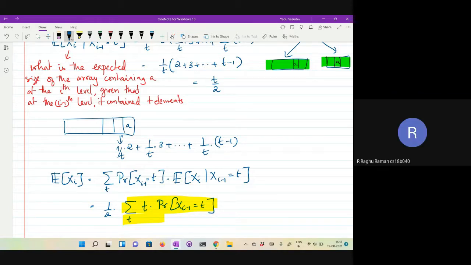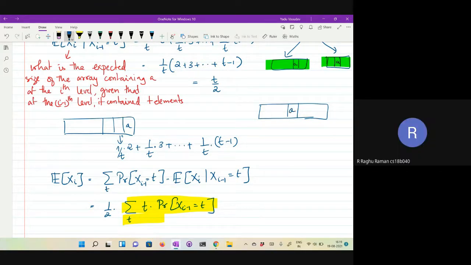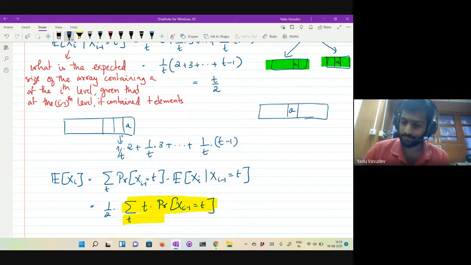Then, however you partition, the array containing A will have at least t by 2 elements. Oh, I see. That is correct. That is good. So you're saying that the expectation will depend on where A is in the array. That is very good.